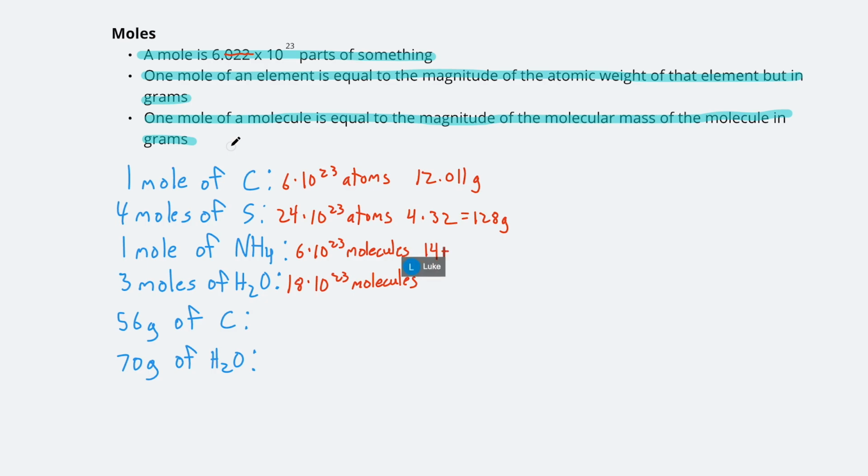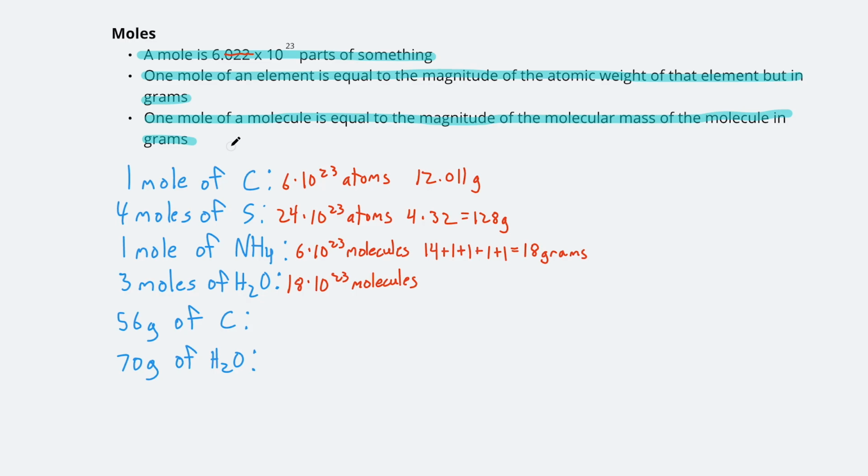So we do 14 plus 1 plus 1 plus 1 plus 1 for the 4 hydrogens, which gives us a molecular mass of about 18. So if we have 1 mole of NH4, then 18 is also going to be equal to the weight of 1 mole in grams. So 1 mole of NH4 is 18 grams.